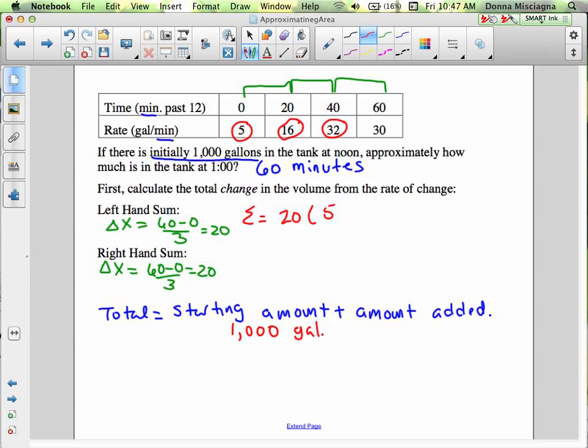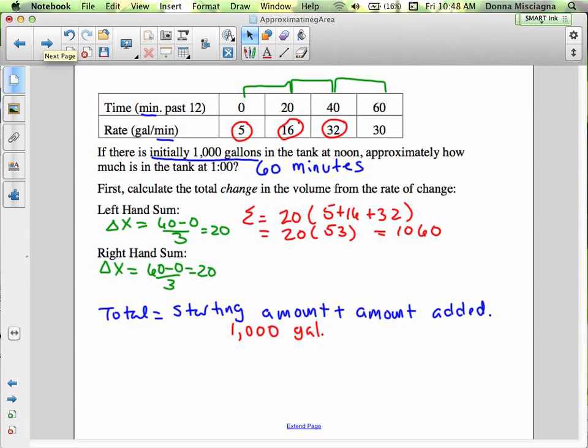So 5 plus 16 plus 32, which would be 20 times 53, which is going to be 1,060.